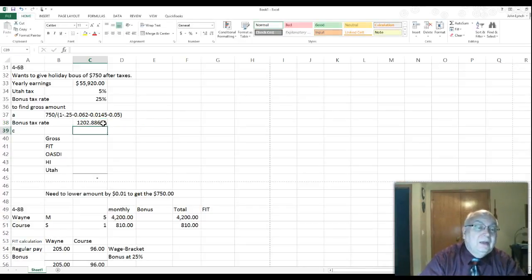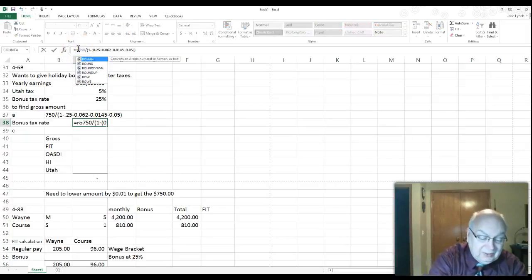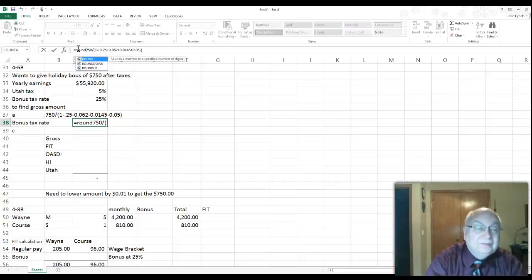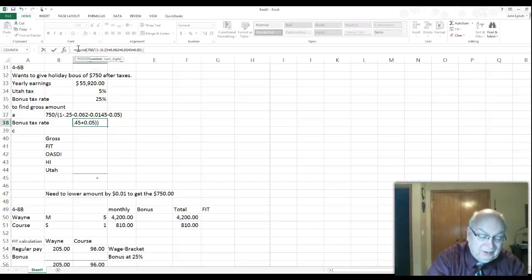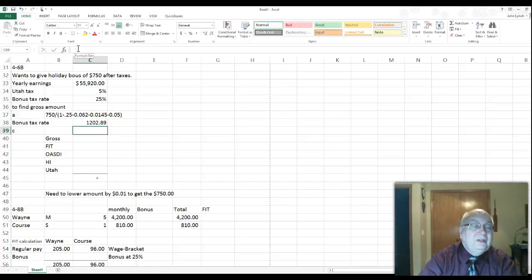If you want it to the nearest penny, you do the round function, and it gives you 1202.89.